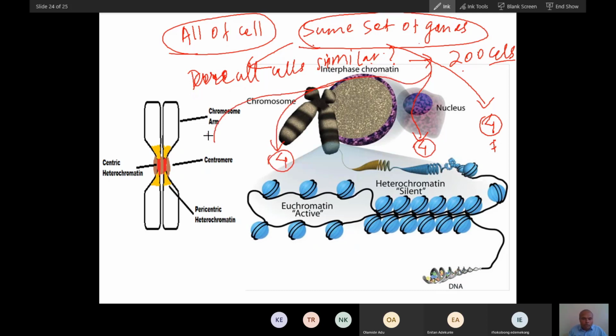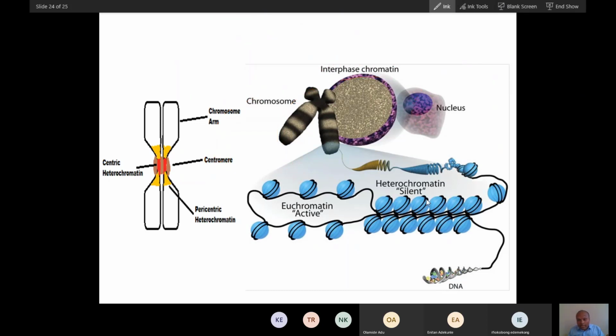Maybe some cells will have a set of 5 genes active. The difference is because, though all genes are present, some genes are inactive in some cells, and the same gene will be active in another cell. And this gene activation and repression is done by this mechanism.